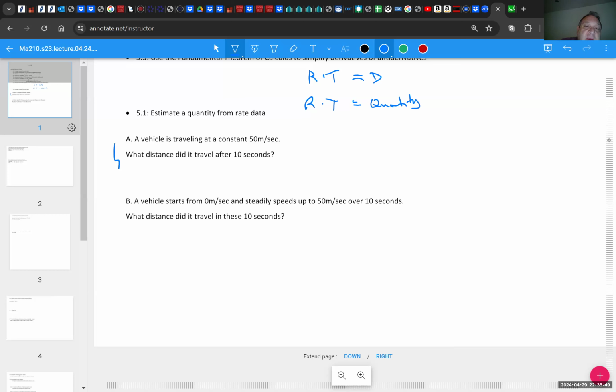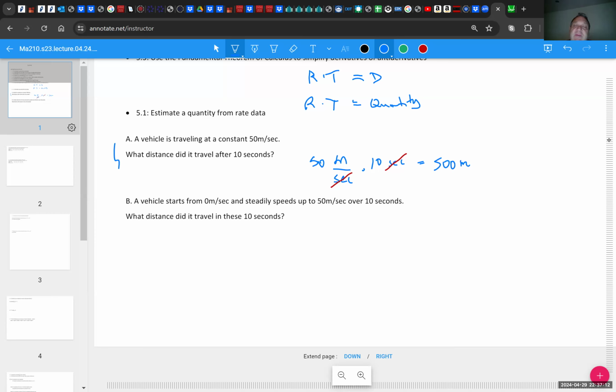In this case, we have a rate which is 50 meters per second times the time, 10 seconds. If you remember your algebra, 50 meters per second times 10 seconds gives you a total of 500 meters.